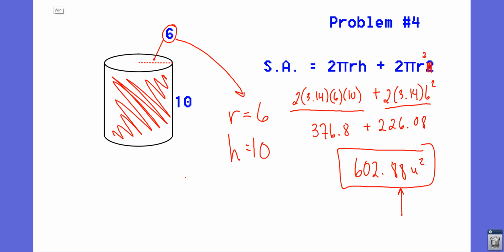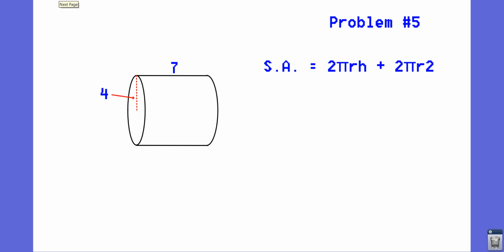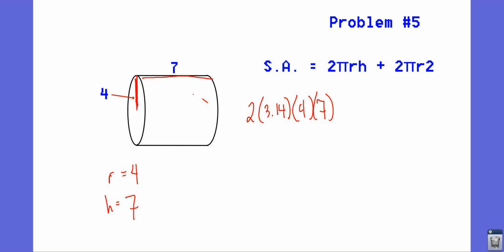Okay, so problem number 5. So radius and height. You know the radius is halfway across a circle, which is right here. Cool. That's 4. The distance between circles is 7. 2 times 3.14 times the radius, which is 4, times the height, which is 7, plus.